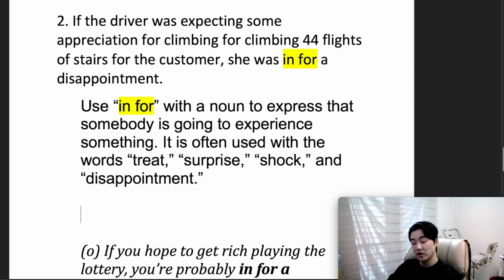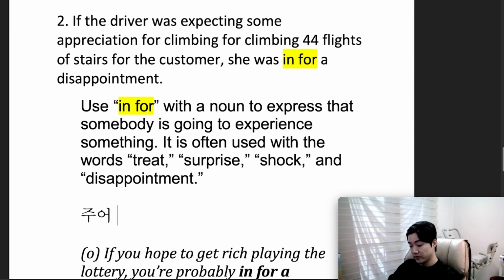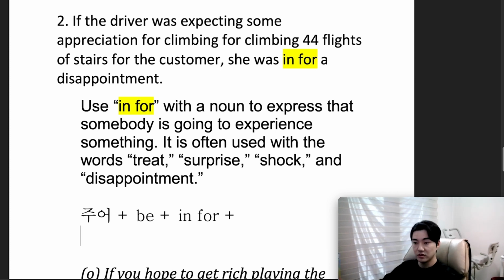So the person, the subject, 주어, let's say the be verb, be동사, be in for, usually like a noun, but let me tell you the way we use it.